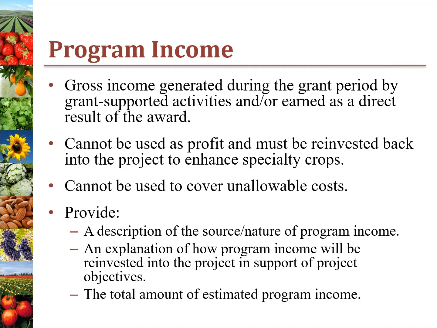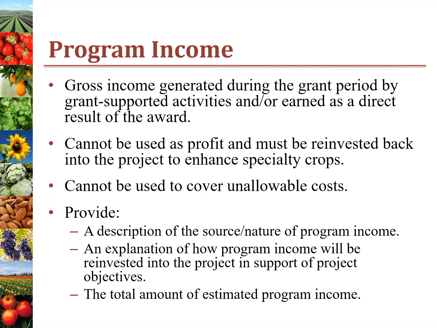Now, the program income category is where you will describe any income that your project might generate as a result of grant-supported activities during the period of performance. An example of a source of program income would be registration fees for events hosted as a result of grant activities.